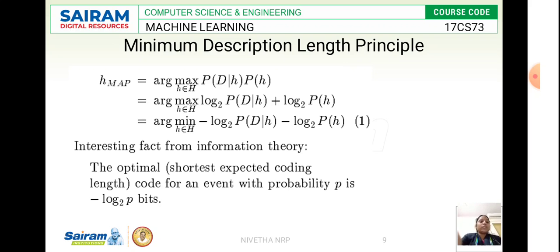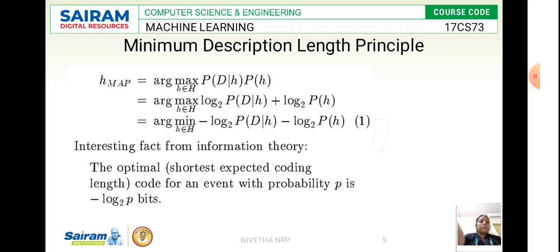So for the maximum hypothesis, we specify it as arg max, H belongs to capital H, of log to the base 2 of the probability of D given H plus log of the probability of H. This is in the case of the maximum posterior hypothesis.